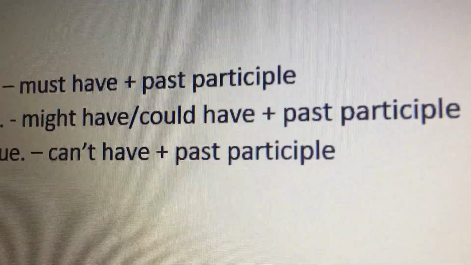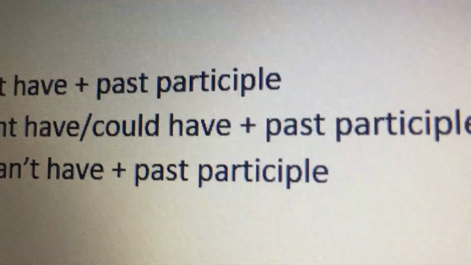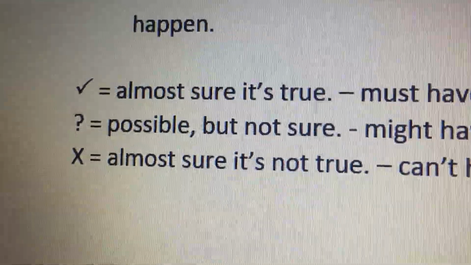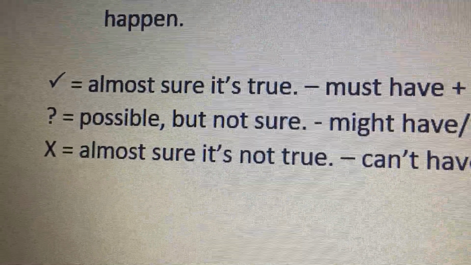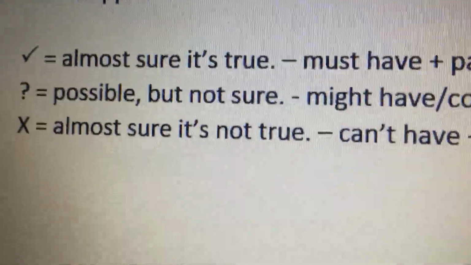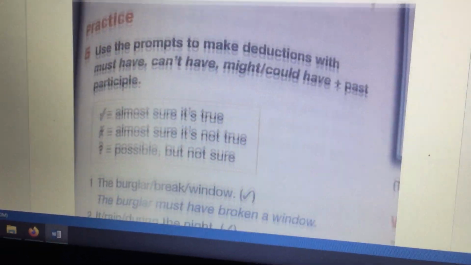We use can't have plus past participle when we are almost sure it's not true or it didn't happen. Now let's go to practice.